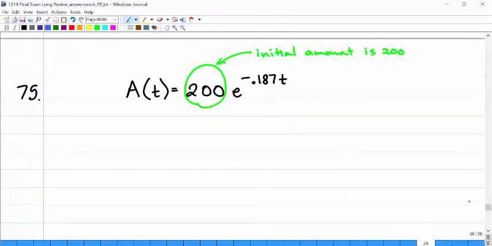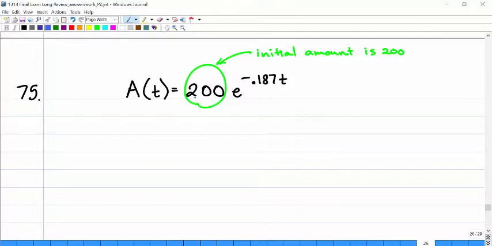Number 75 says, how long will it take a sample of radioactive substance to decay to half of its original amount if it decays according to the function A of t equals 200 e raised to the negative 0.187 t. So I want half-life.